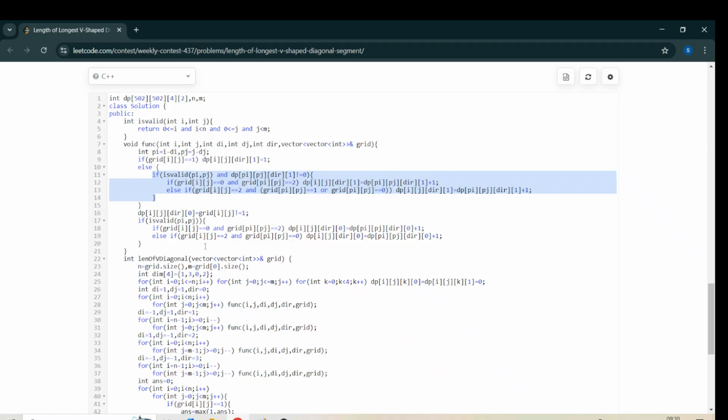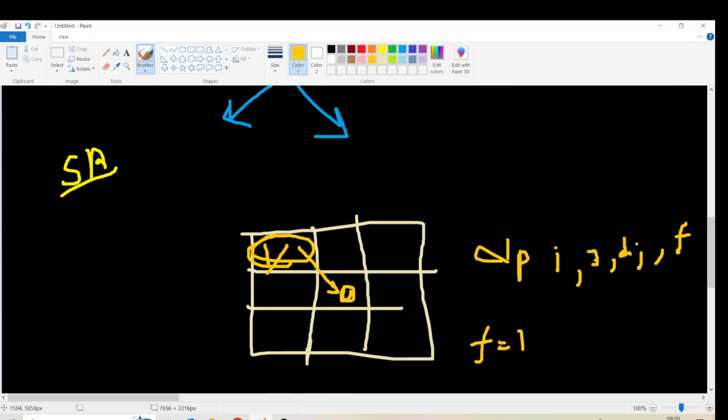And we mark the dp ij direction value with the previous cell value. Similarly for 2, we check that the previous cell value is 0. That is the function, how we are solving for the dp ij direction value in a particular direction.